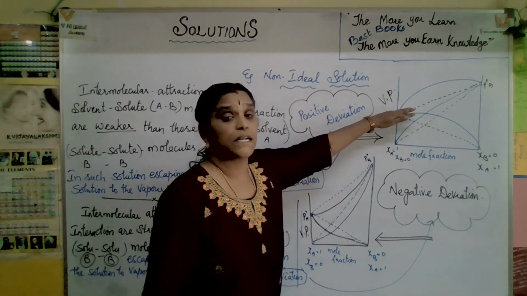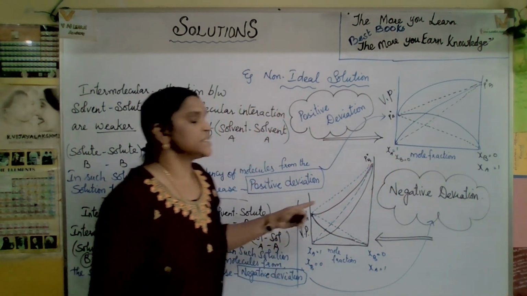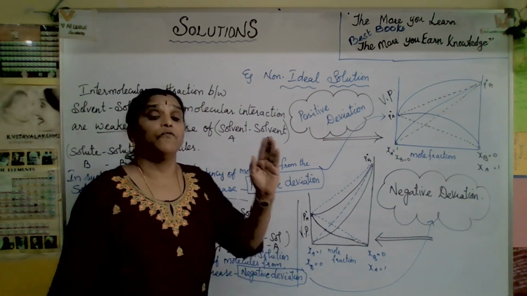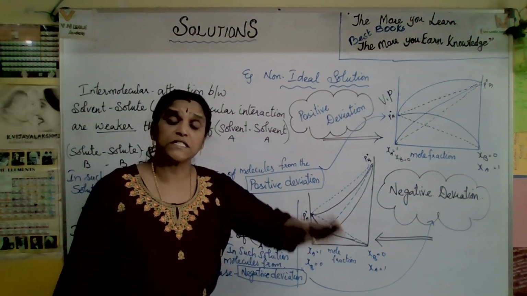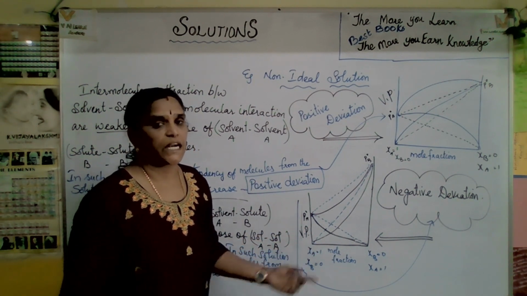In the same way, for negative deviation, the vapor pressure decreases, that means it is lower, and in this way we can identify a negative deviation.